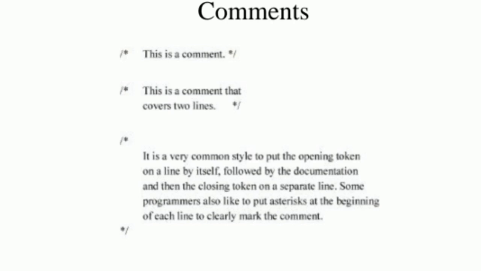What is the main function? A program must have a main function, which is allowed in two formats. The first one is int main void. The second one is int main, int argc, comma, char asterisk argv. You can define the main function in these two formats only.